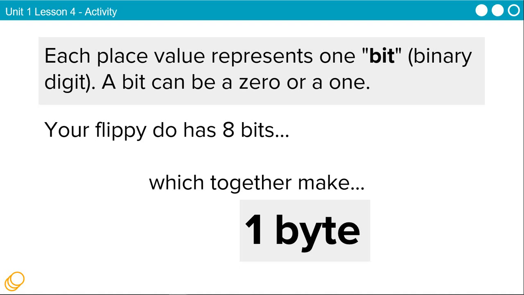So anytime we talk about a bit, that just means one place in a binary number, that 0 or 1, but it's 1 bit. And the term byte that you'll hear a lot in computer language is 8 bits collectively in a sequence. So a sequence of 8 bits together is a byte.